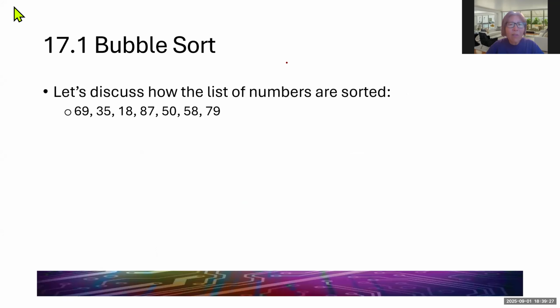Next, let's take a look at how we use bubble sort to do the sorting for this list. This is very simple, and the list is not long. So the original list is like this.